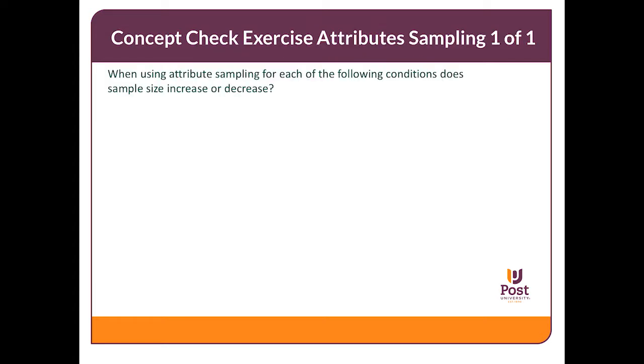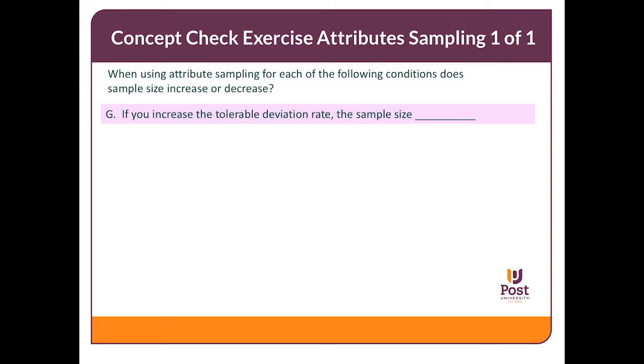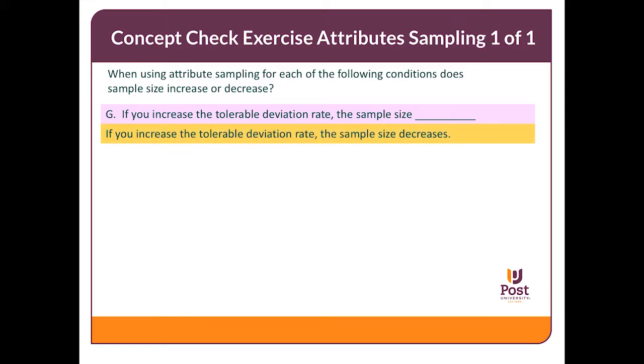When using attribute sampling for each of the following conditions, does sample size increase or decrease? G. If you increase the tolerable deviation rate, the sample size will. If you increase the tolerable deviation rate, the sample size decreases.